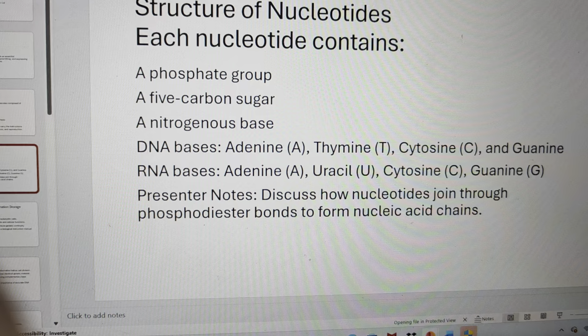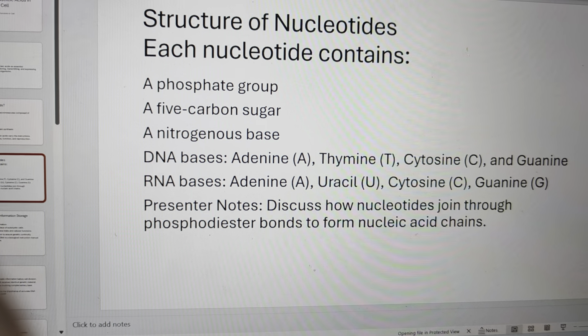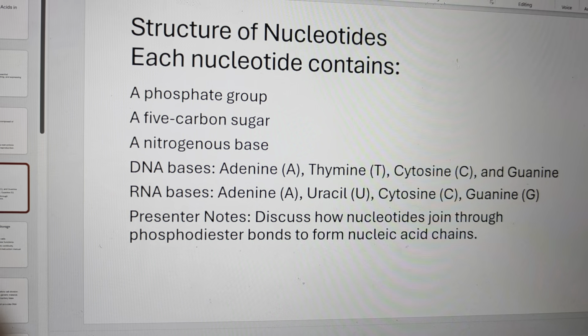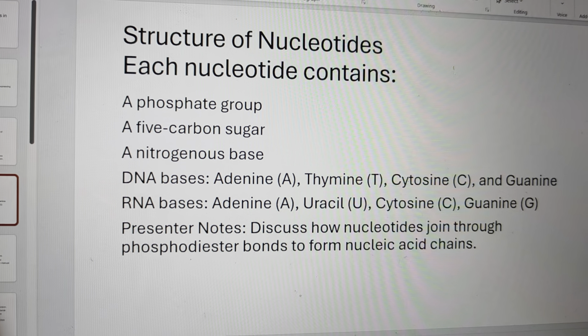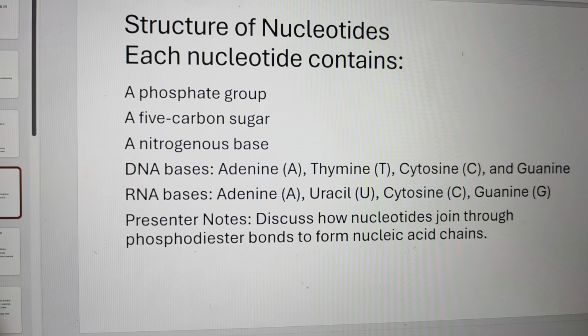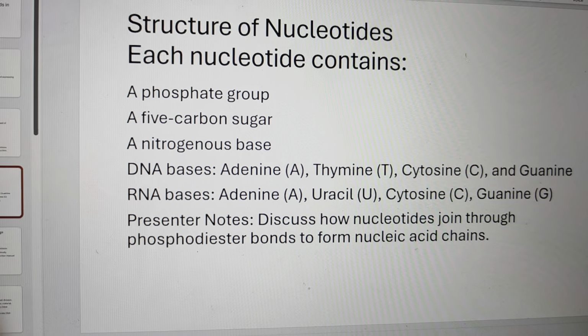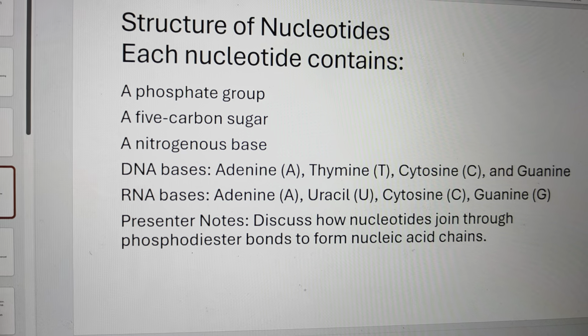On the next slide, I'm going to be talking about the structure of nucleotides and what they contain. Nucleotides contain a phosphate group, a 5-carbon sugar called pentose, and a nitrogenous base.